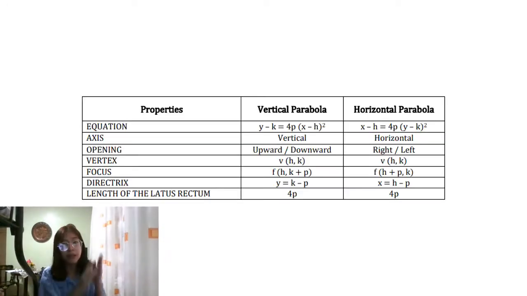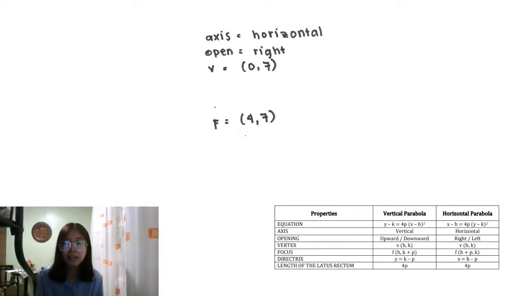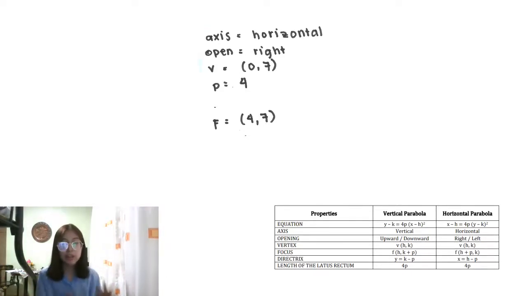After this, we would get the properties using the table right here. We already know the vertex and the focus to begin with because it is the given. And we already know the opening because it's kind of self-explanatory if you were to plot it in the Cartesian coordinate plane. And the p, we also got it.